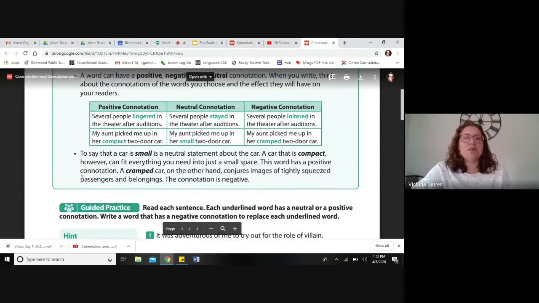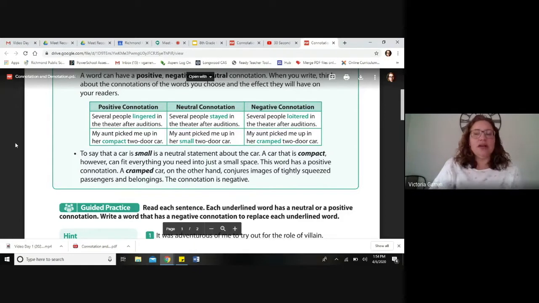And it says, my aunt picked me up in her compact two-door car. So you know that if a car has only 2 doors and not 4 doors, that this is a very small car. So we know that the word compact means small.